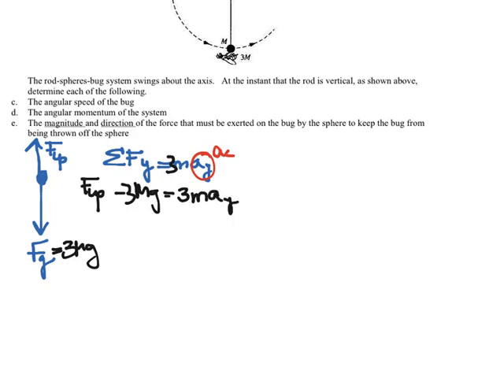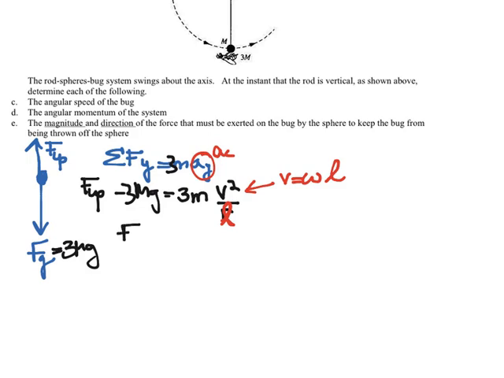And for ay, of course, I'm going to put in V squared over R. The thing is, I don't know what V is, but I do know omega, and I know that in general V is omega times R, the radius of the circle something's going around, which in this case is L. And I also know I can replace this R with an L based on the letters I've been using.